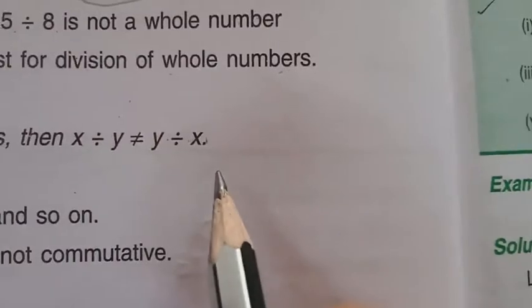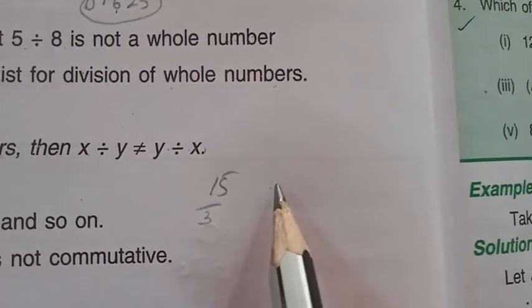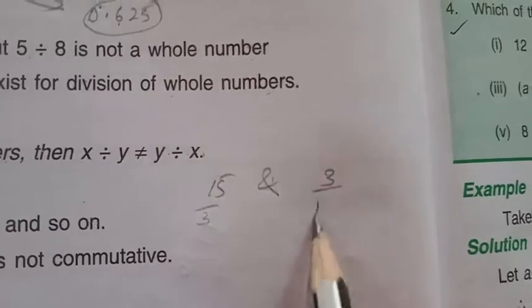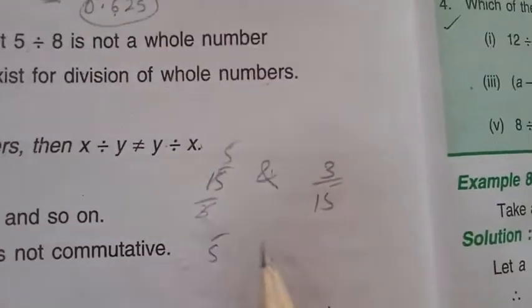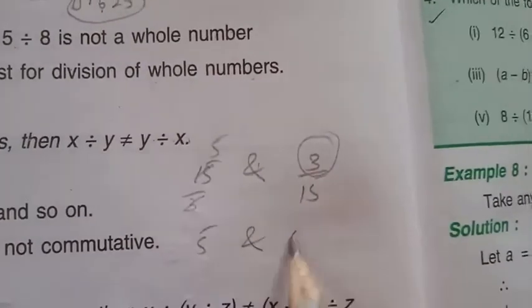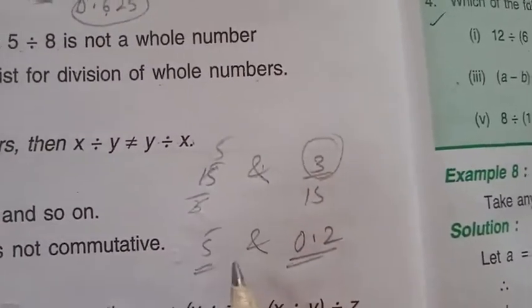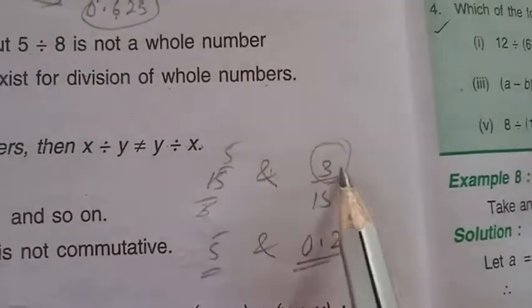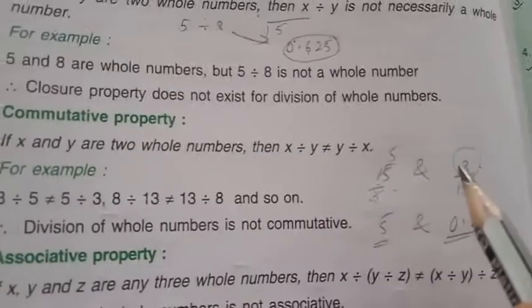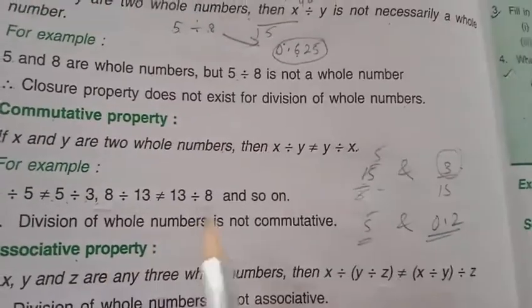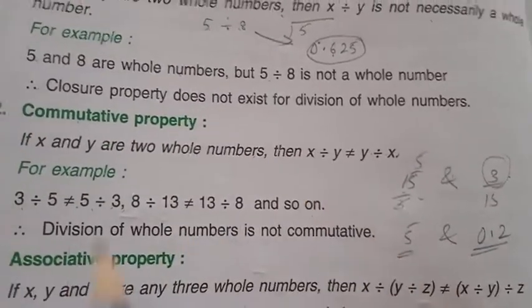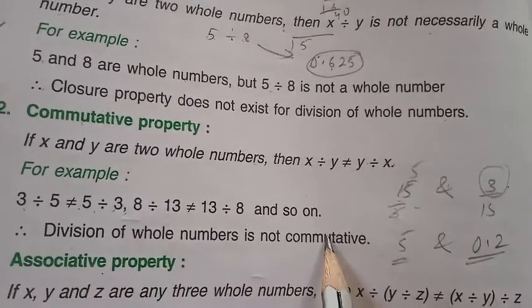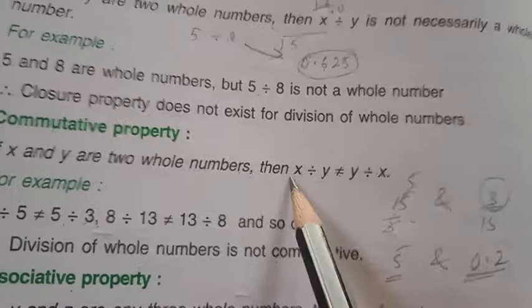Let's take the example 15 divided by 3 and 3 divided by 15. 3 5s are 15, and here you will get 0.2. So we will not get whole numbers all the time. That means division of whole numbers is not commutative. x divided by y will never be equal to y divided by x.